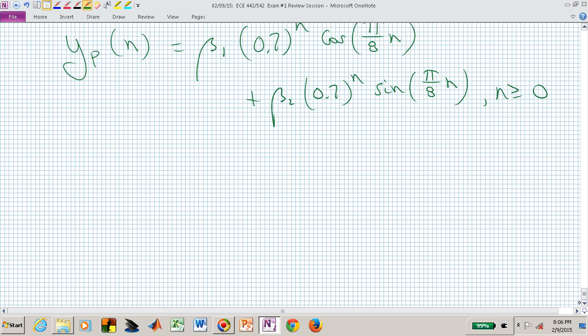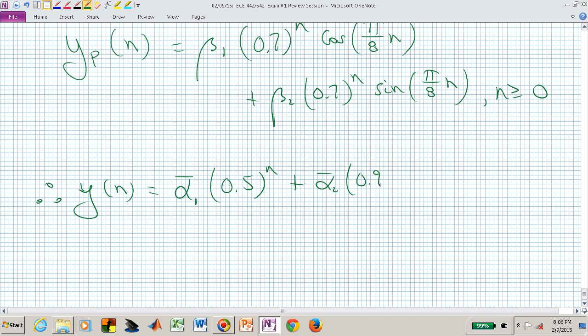And if I wanted the total solution, I would be combining the natural structure and the particular structure, so that I now have alpha 1 bar times 0.5 to the n plus alpha 2 bar.